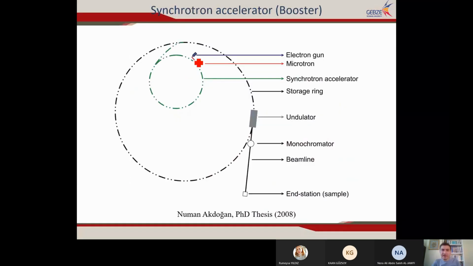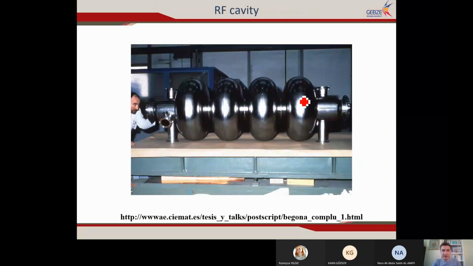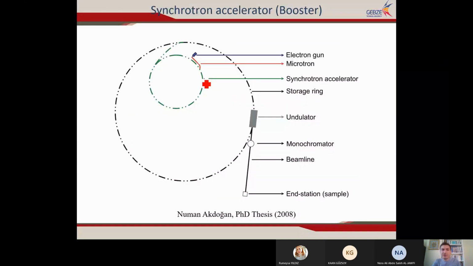So LINAC is a linear accelerator. You see linear, you accelerate electrons up to mega electron volt energies, and then we inject these electrons into the synchrotron accelerator. In the synchrotron accelerator, or in the booster, we keep electrons in a circular orbit. How to keep electrons in a circular orbit? In order to keep the electrons in a circular orbit, you need magnets, right?